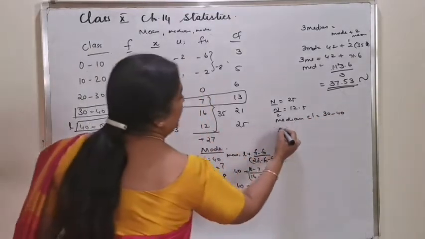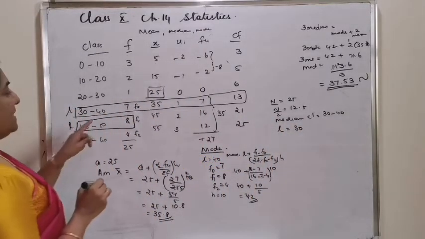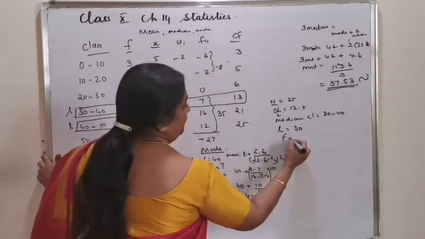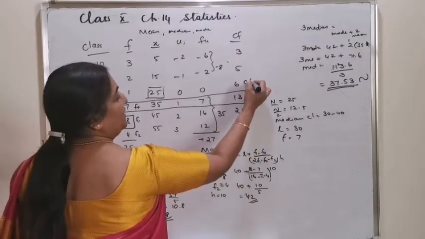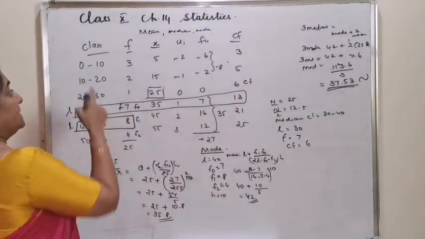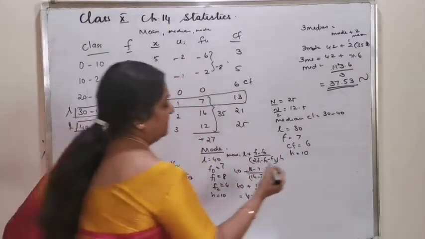So what is the lower limit? Lower limit is 30. Then for median, what is the frequency? The frequency is 7. Then what is the cumulative frequency? It is 6 and the class size is 10. Let's see by the formula.